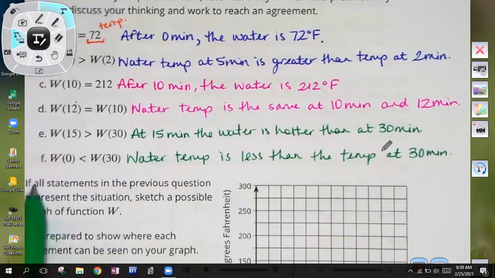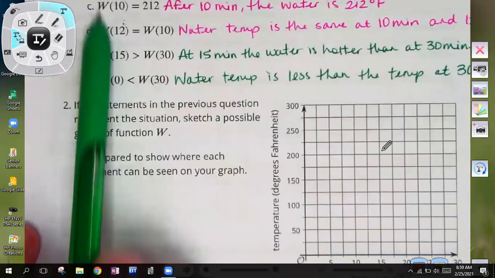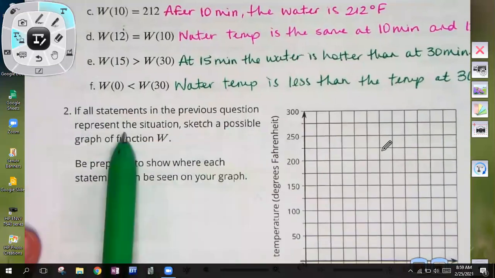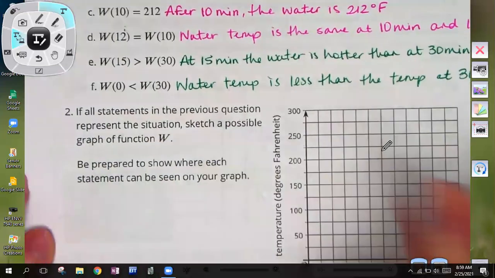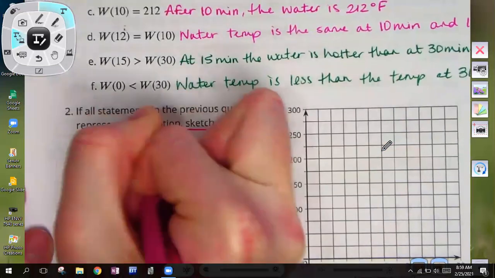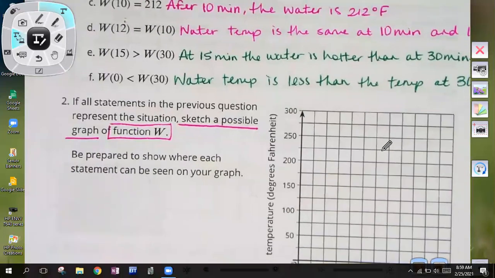What are we doing? We're going to finish this problem. Here we go. It says if all the statements in the previous question represent the situation, we're going to sketch a possible graph of the function we just talked about. Be prepared to show where each statement can be seen on your graph.